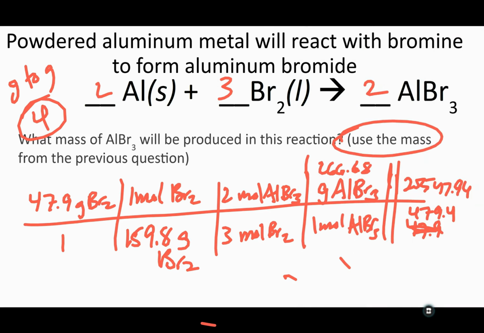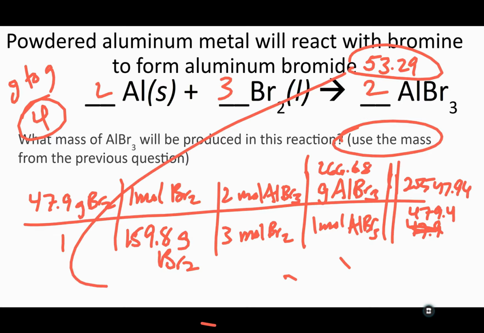So I get 53.29 for my answer, but I'll put this down here now. To have the correct sig figs, it will be 53.3 grams of AlBr3.